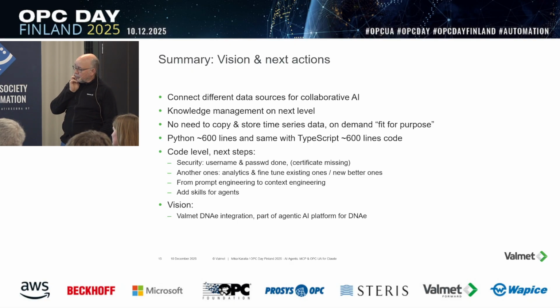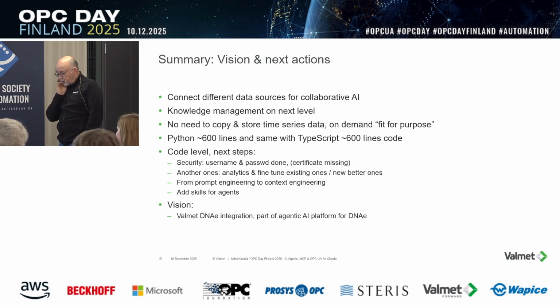And analytics and forecasting are not production ready, they are just prototypes, just to show what you can do with the data. And I found out when I connected our Valmet OPC UA server that with the prompt, you cannot avoid the mistakes. So we are going to context engineering.